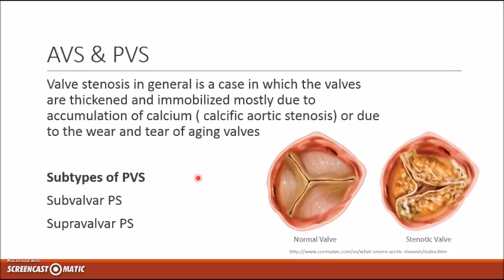The second congenital heart disease that we may have is aortic valve stenosis and pulmonary valve stenosis.